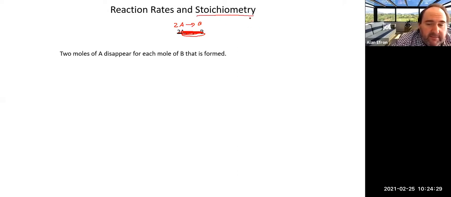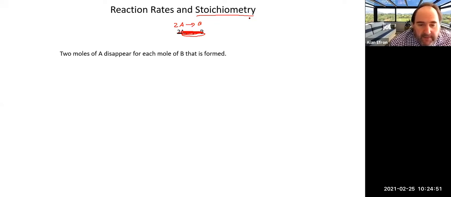Even though we're talking about rates and how fast or slow reactions are happening, how much product we're making and how much reactant we're losing over a period of time, we do need to take the stoichiometry into account to make sure that we have the right ratio of what's happening here.